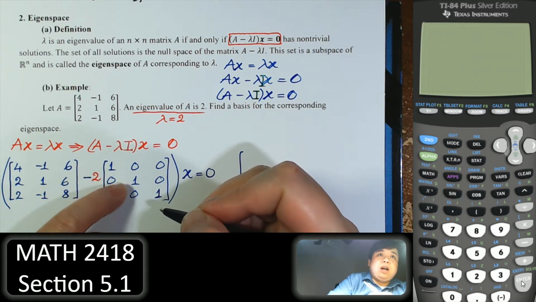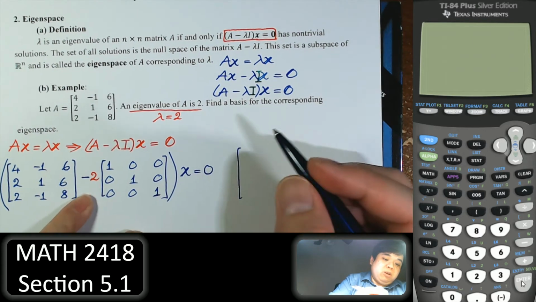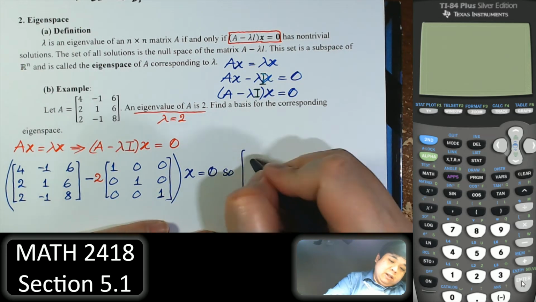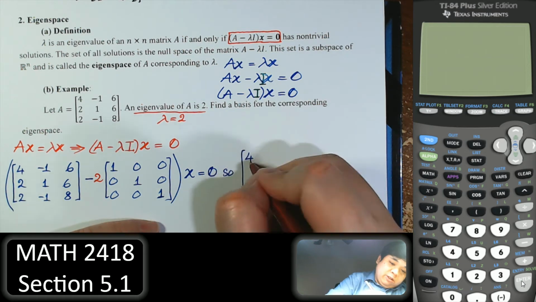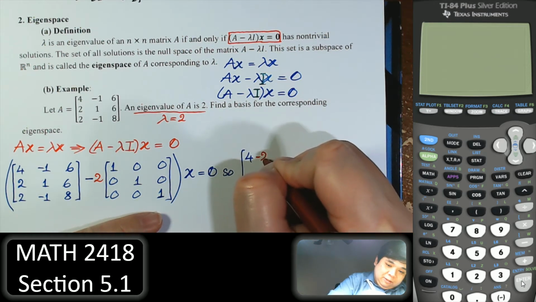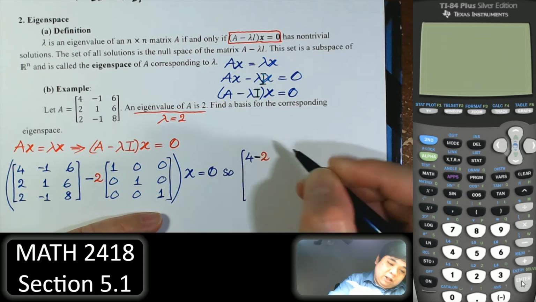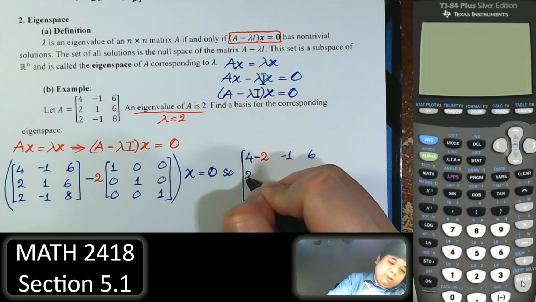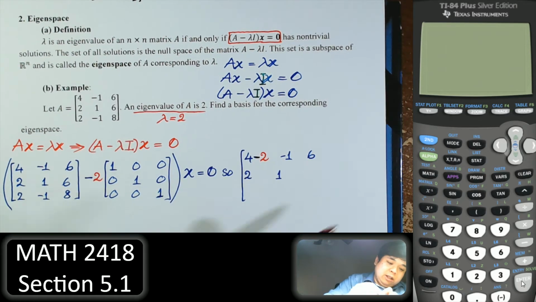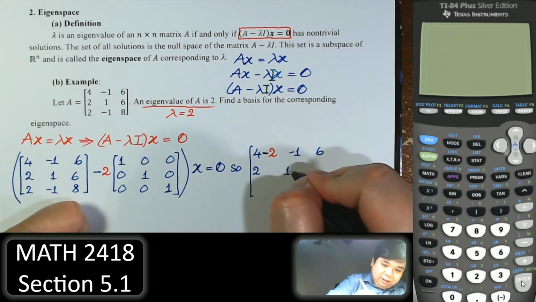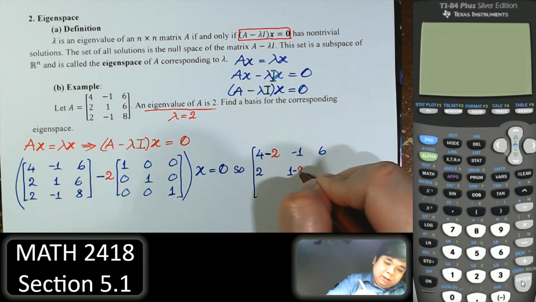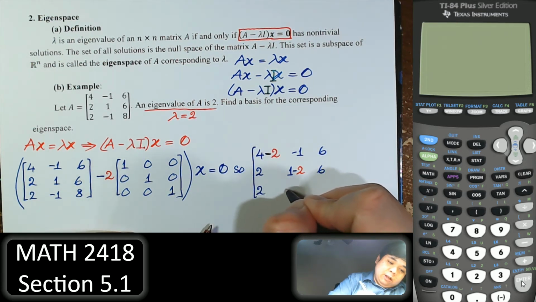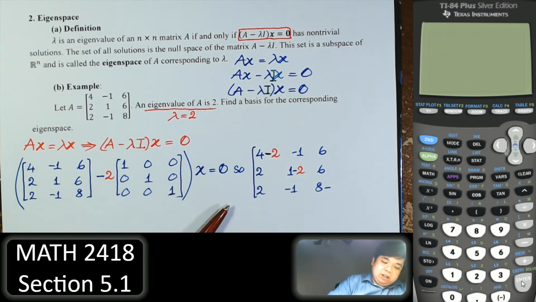The 2 just multiplies to the diagonal entry. 2 multiplied by 0 is 0. So basically, we just subtract the diagonal: subtract 2 from each diagonal entry.